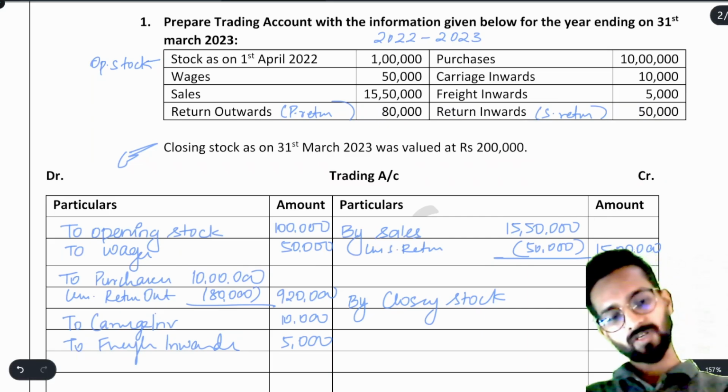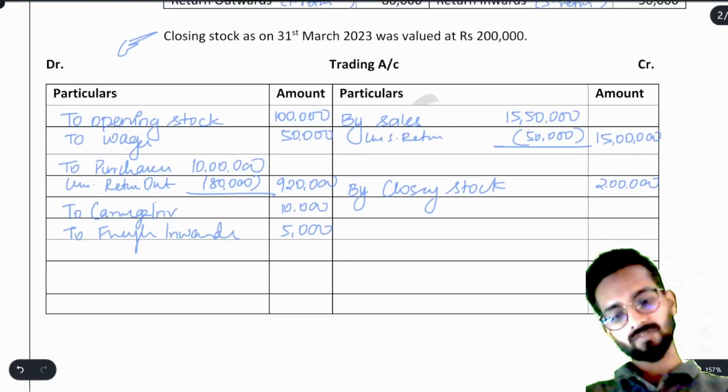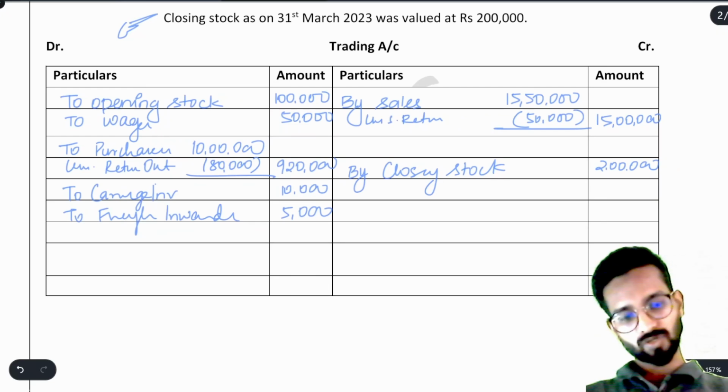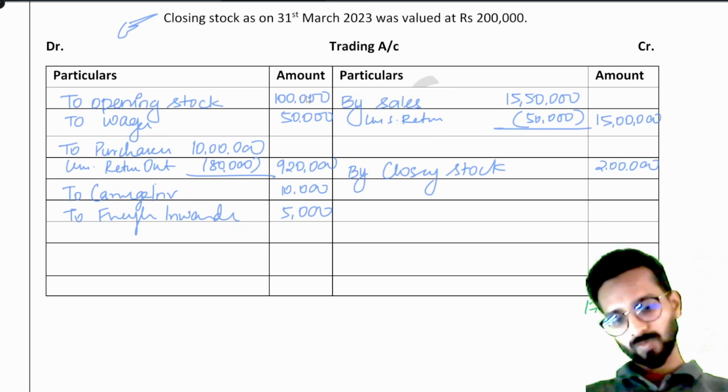You can pause the video and find out whether it will give us gross profit or gross loss. Check. Do first the total of both the sides. 15 plus 2, this is your 17 lakhs. This total is 1 lakh plus 50,000, 1 lakh 50, 9 lakh 20, 10 lakh 70, 10 lakh 80, 10 lakh 85. So this is your 10 lakh 85,000, and here it is 17 lakh.